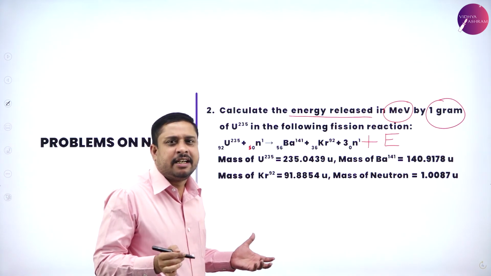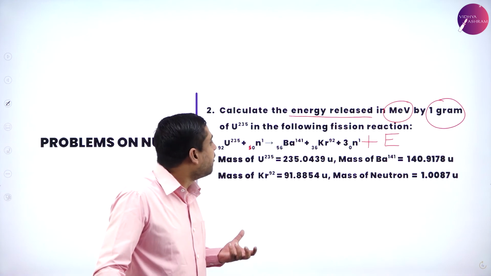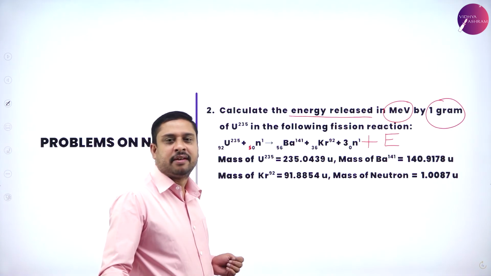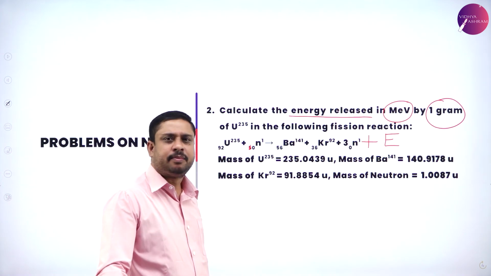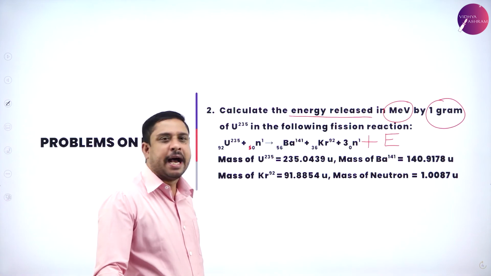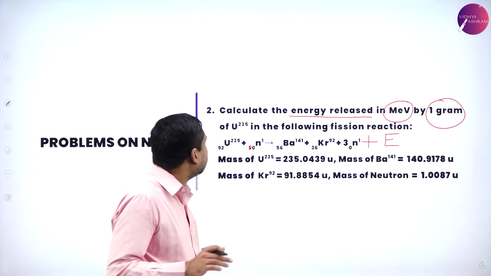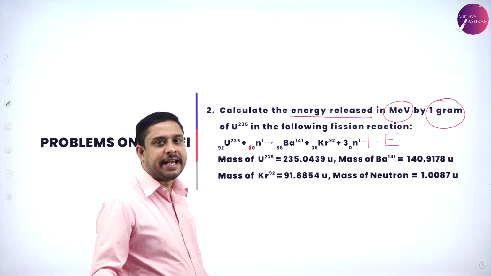A standard equation showing us a fission reaction, from which I have to calculate the energy released by 1 gram of uranium-235.